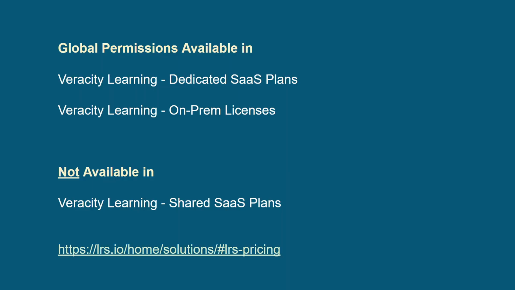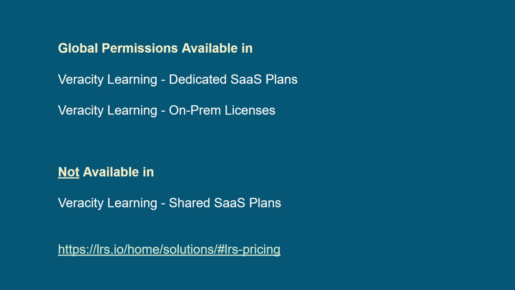One more thing that's important. If you are in the system looking for this stuff, you can share your LRSs in LRS instances in pretty much any Veracity Learning software as a service or on-prem license, but not so with global permissions.